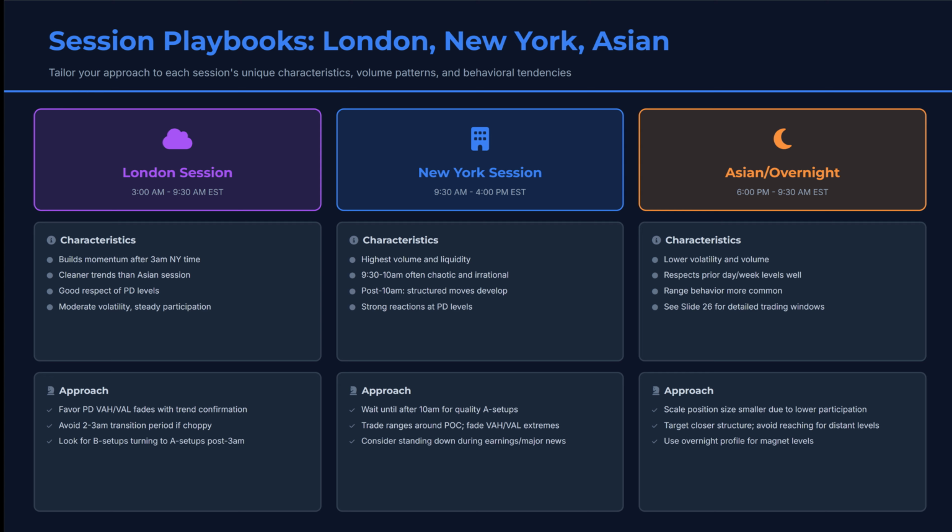Second, trade ranges around POC and fade VAH or VAL extremes. During New York, you often see price oscillating between the point of control and the value area extremes. If price is near POC and trending, you can trade continuation setups, buying support at POC in an uptrend or selling resistance at POC in a downtrend.